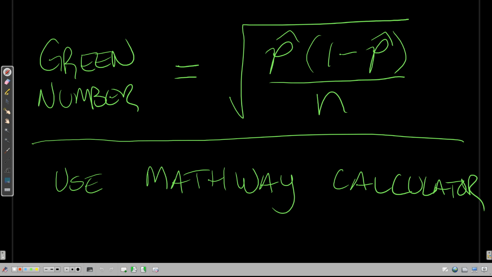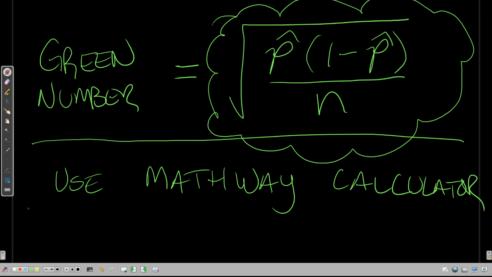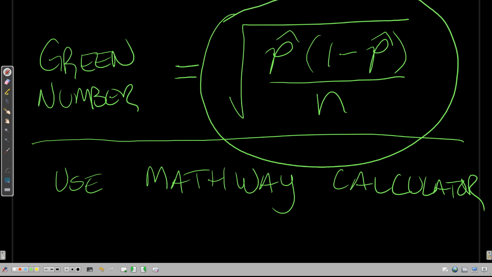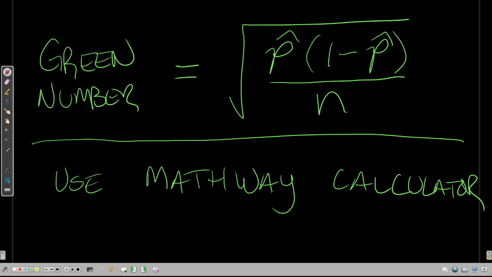All we need now is this green number. Well, here it is. Here's how you calculate it, right? Does it look scary? Maybe. But I'm going to encourage you to use the Mathway calculator for the reason that you can type this expression in exactly like it looks right here, and we can avoid the problems of not putting the correct parentheses when we're trying to use a traditional calculator or even the calculator on your phone.